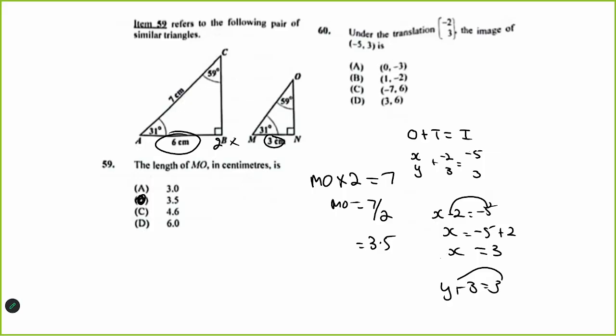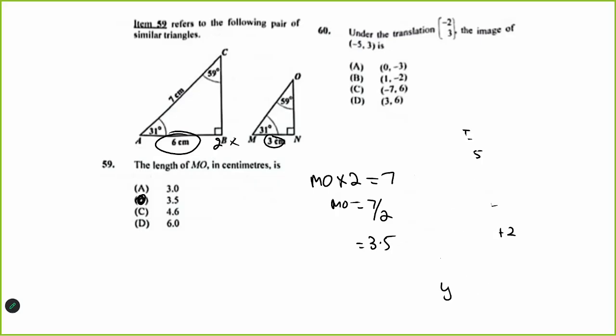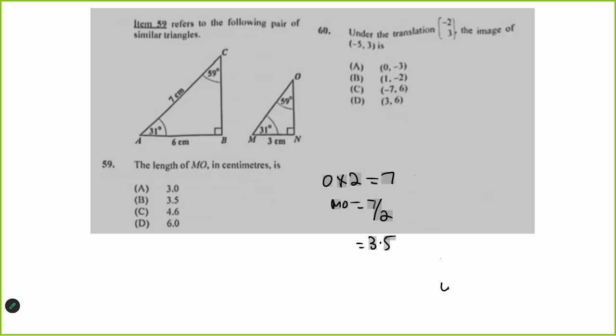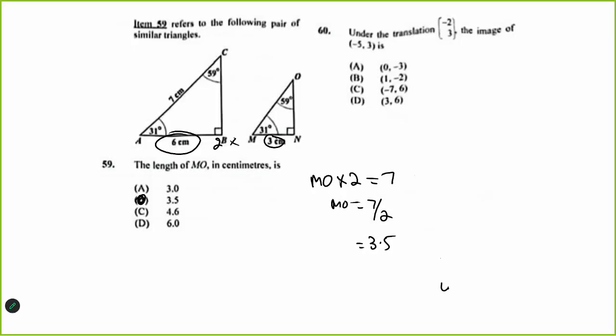I read this question incorrectly. First, let's erase all of this. Alright, so first, let's do the question. They said the image of negative 5, 3.